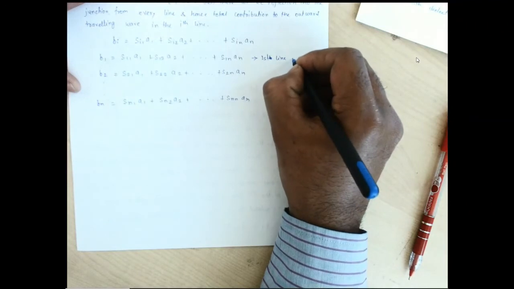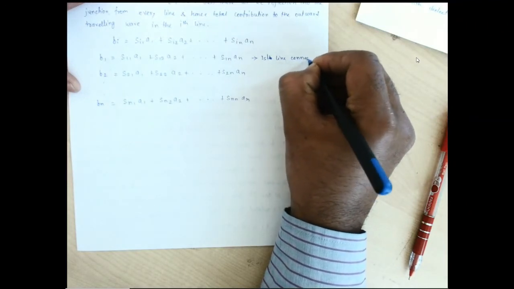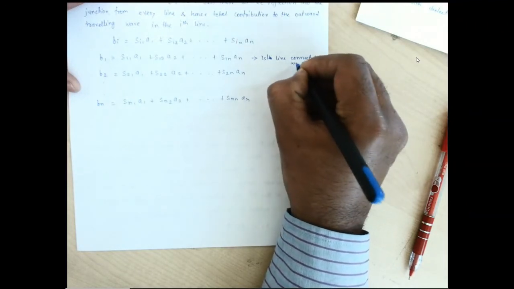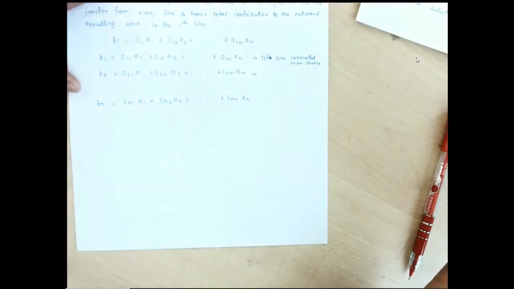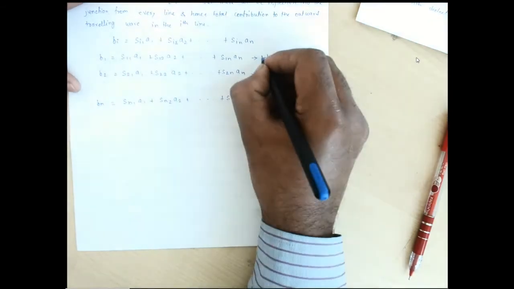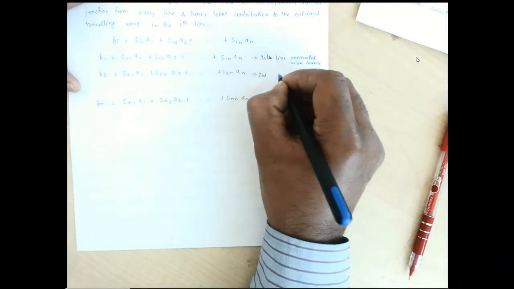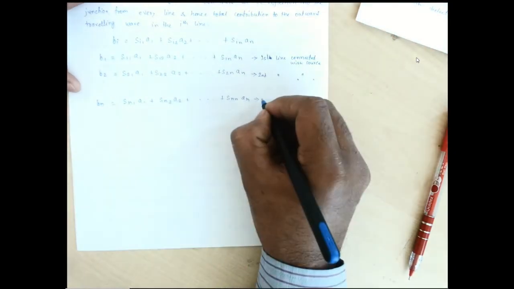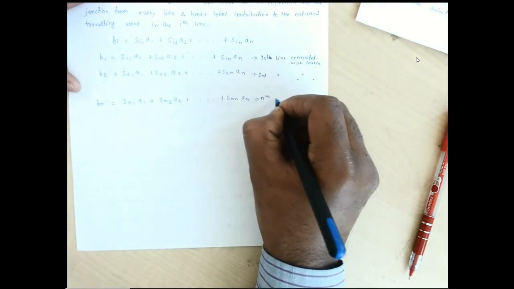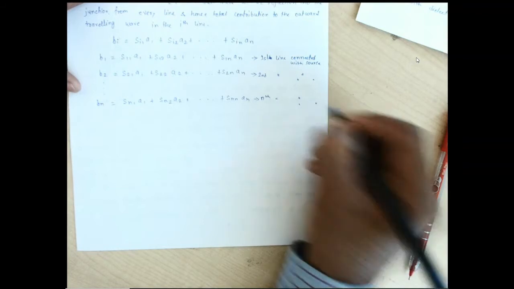The second equation says the second line is connected with the source. This one says the nth line is connected with the source.